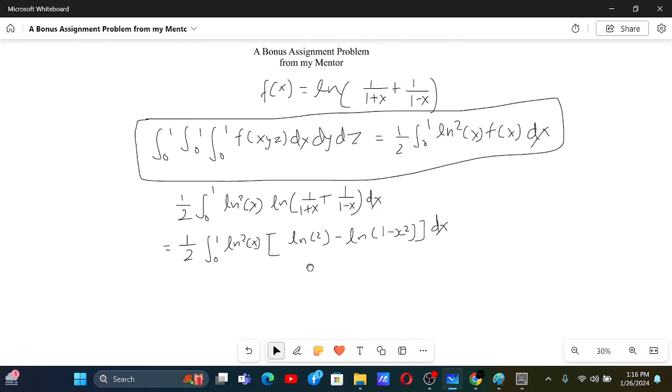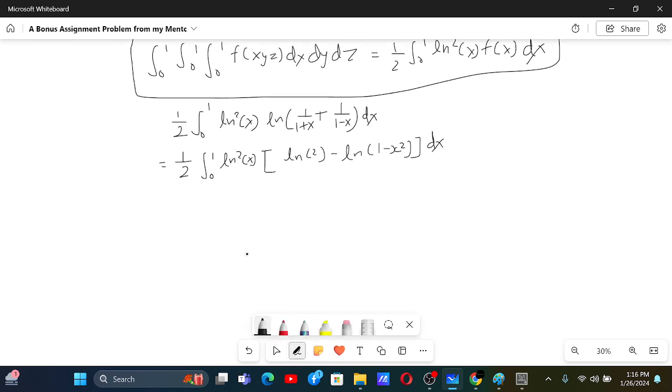And now after this we will have two integrals. One of them is 1 by 2 of integral from 0 to 1 ln square x ln 2 dx.